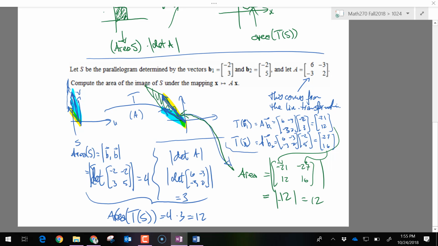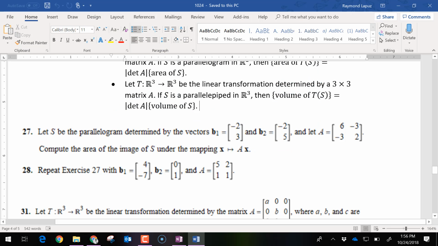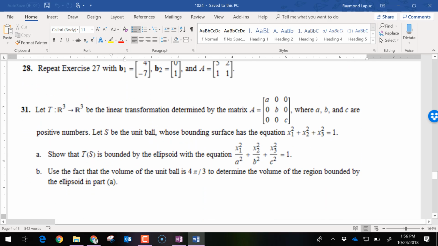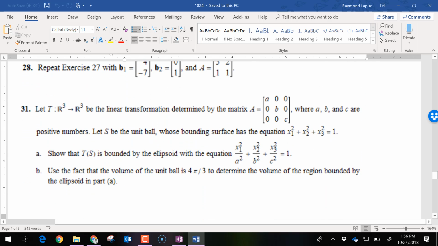No, well, in terms of Calc 3, it probably wasn't very helpful, but this simple example is easy to see. We could do this in 3 dimensions. And in fact, there's another problem that we're not going to do. Hey, this looks like a good test question. If you have a transformation from R3 to R3, this time your matrix looks like this. It's a diagonal matrix, so it's a nice matrix to deal with.